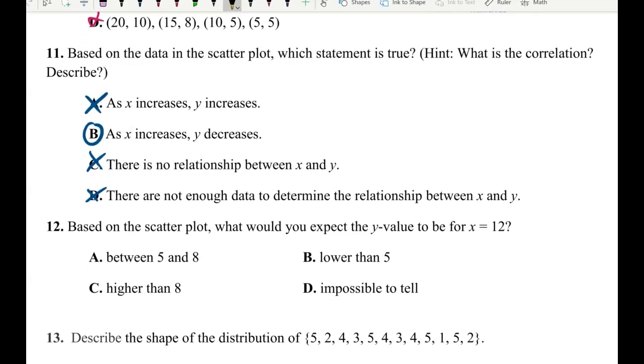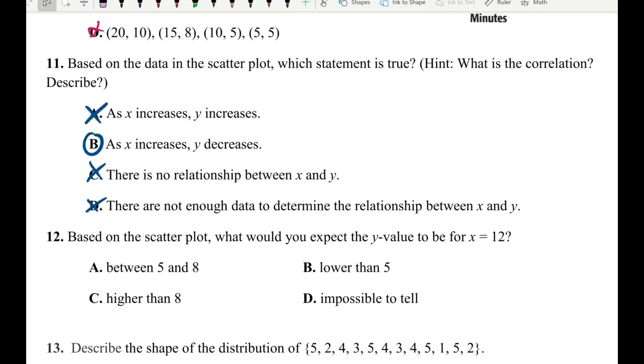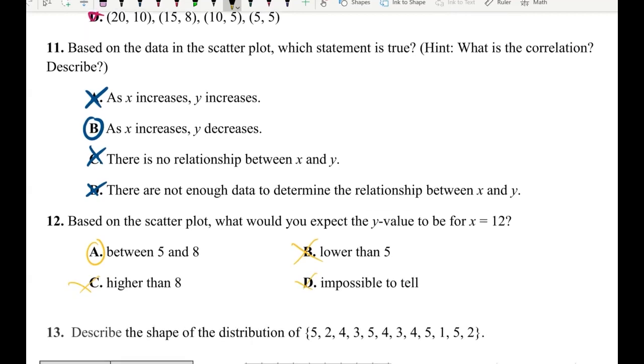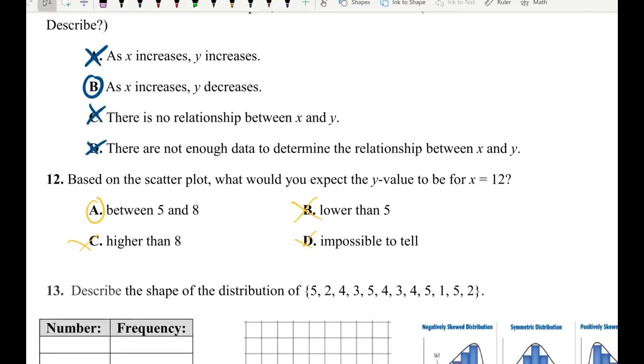So we look at the answer between 5 and 8, which is right. Part B, lower than 5: nope, doesn't make sense. Higher than 8: nope. And it's impossible to tell: that's possibly true, but the better answer is between 5 and 8, so that is the correct answer. 7.5 is between 5 and 8.